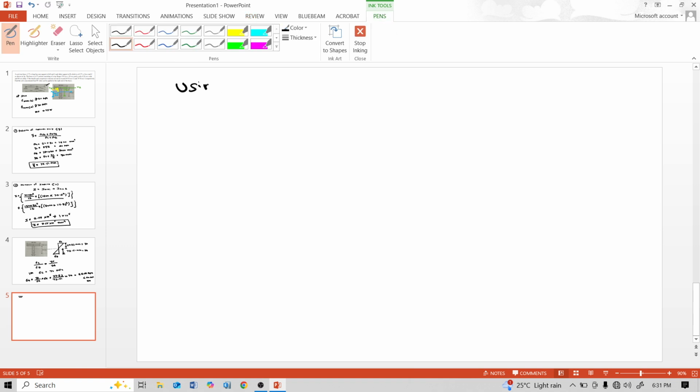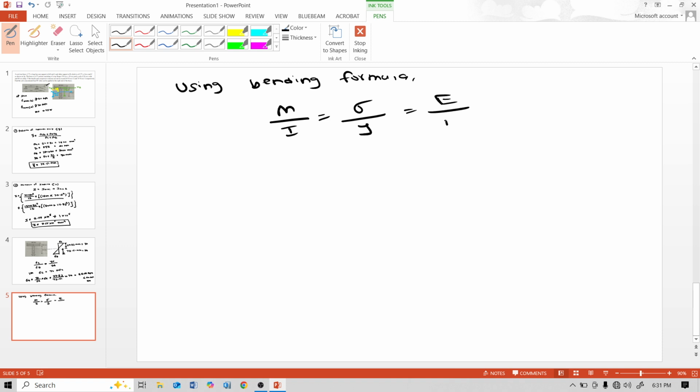Using the bending formula, M by I is equal to sigma by y is equal to E by R. We have sigma, we have y, and we have I. So use these first two equations. Therefore, M is equal to sigma by y multiplied by I.